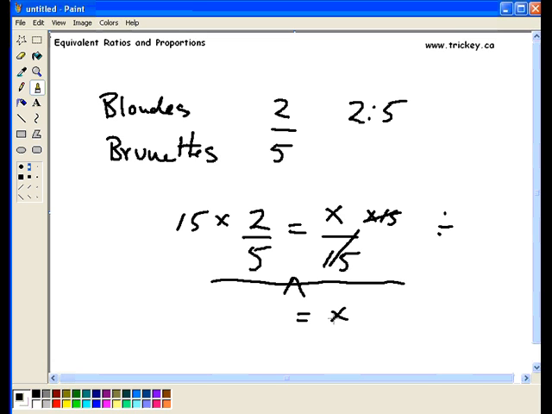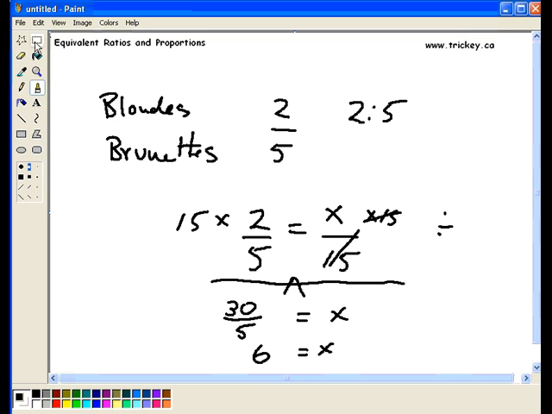On this side, 15 times 2 is 30, over 5. 30 divided by 5 is 6. So using the ratio 2 to 5, if I had 15 brunettes in my classroom, I would expect to have 6 blondes.